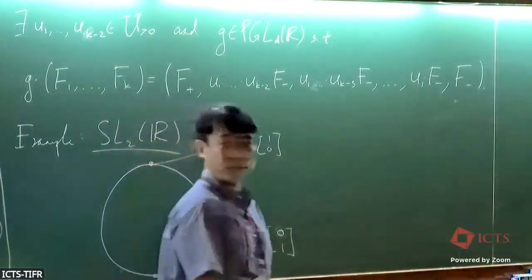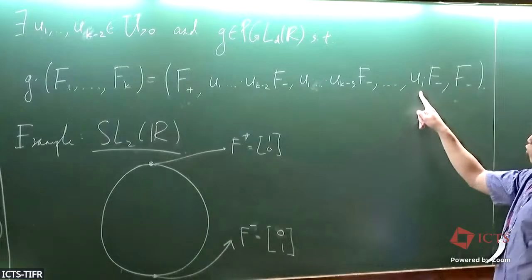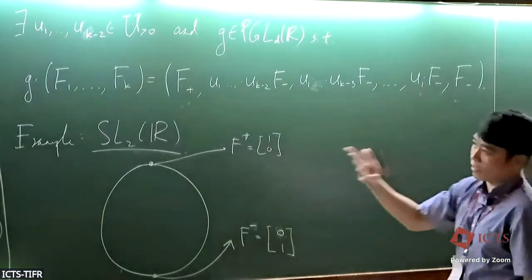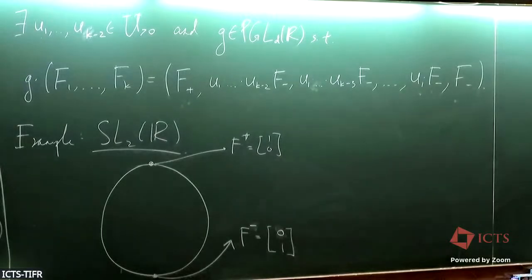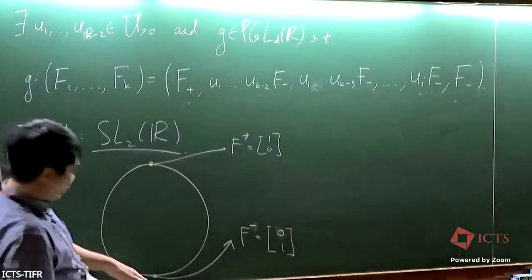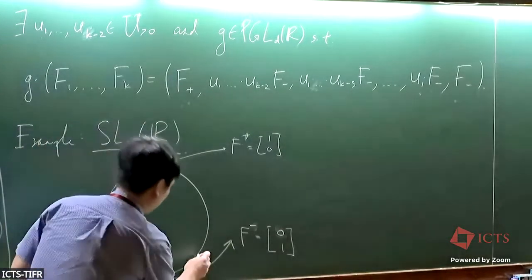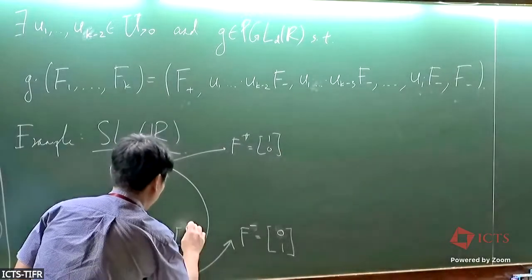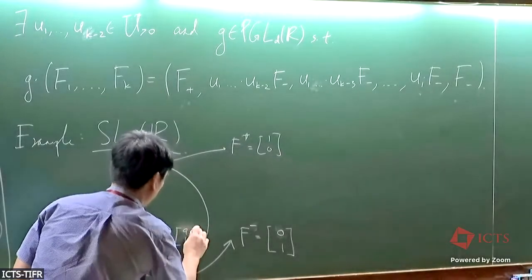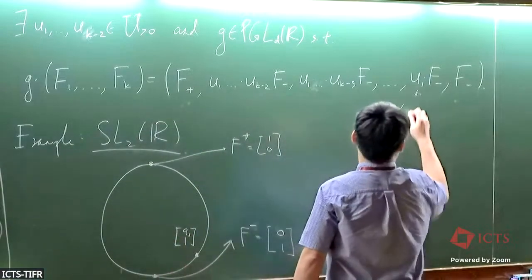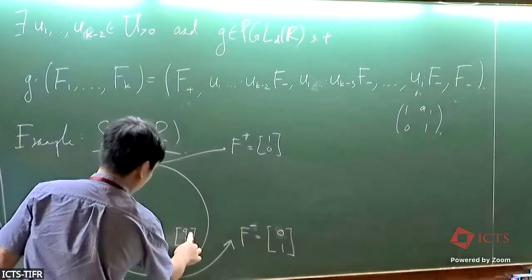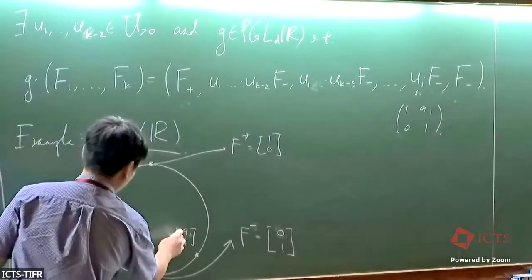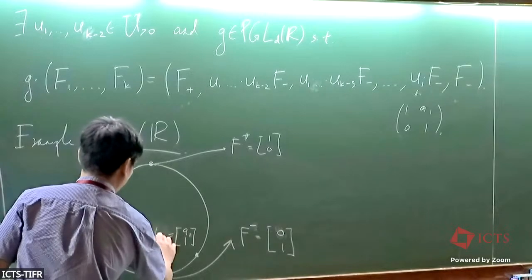Okay, so what does U1 F minus look like? This U1 is a matrix of the form (1 a; 0 1), where a is some positive number. When I apply that to F minus, that moves it to (a, 1). So this is U1 times F minus.